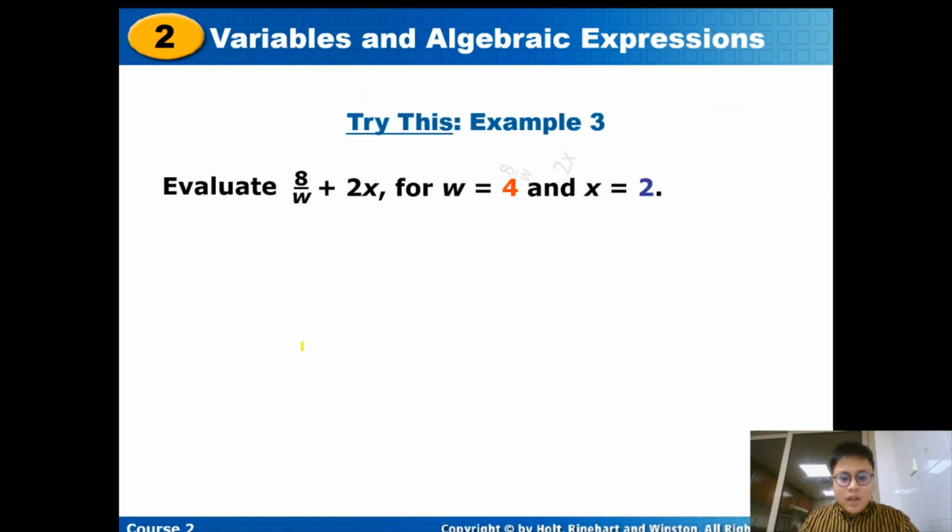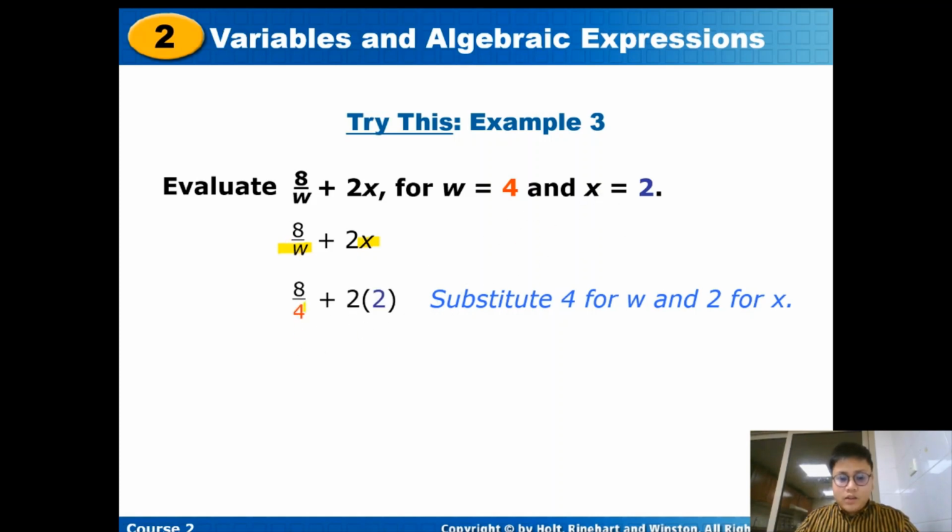Now next, same process. Substitute w and, I'm so sorry, x. So as you can see already, w is substituted by 4 and x is substituted by 2. Then simplify.